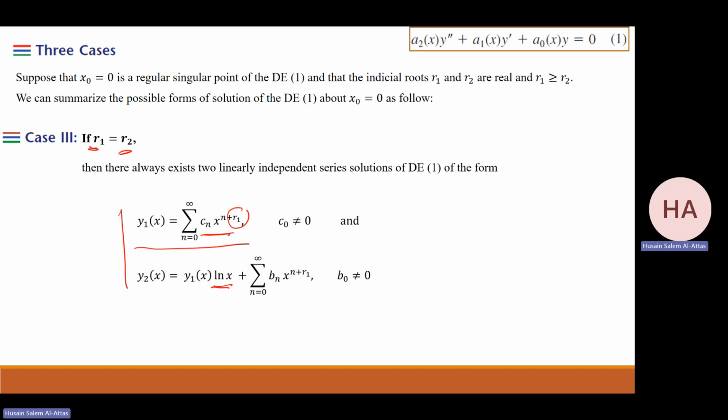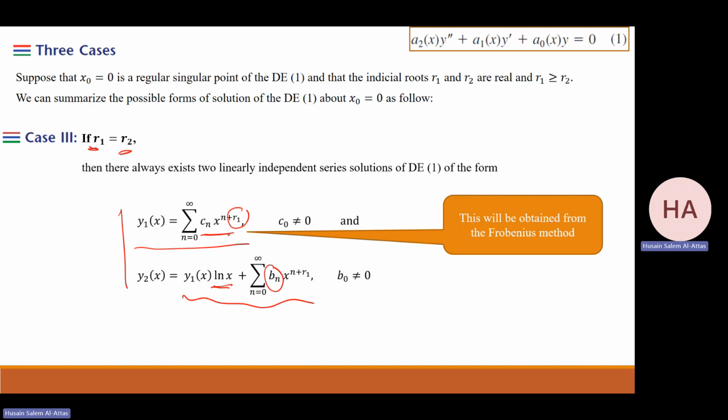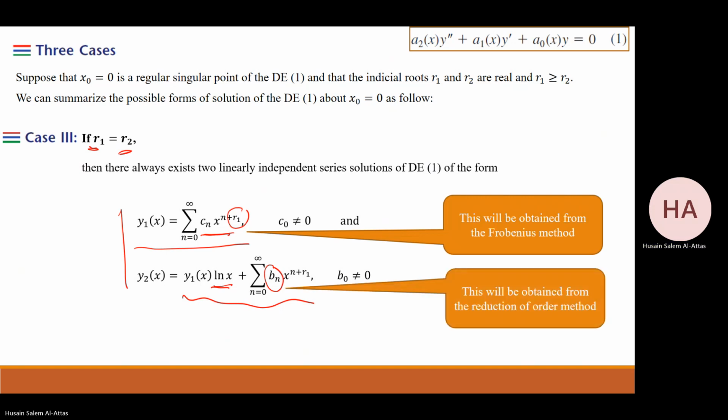The second one is in this format: y1 of x ln x plus another summation, where I need to find bn, which is a very complicated calculation. This is the reduction of order, which is not part of this course.